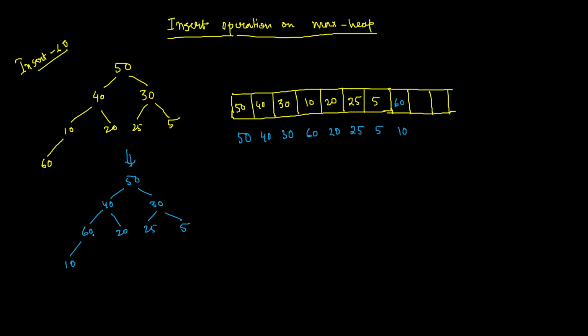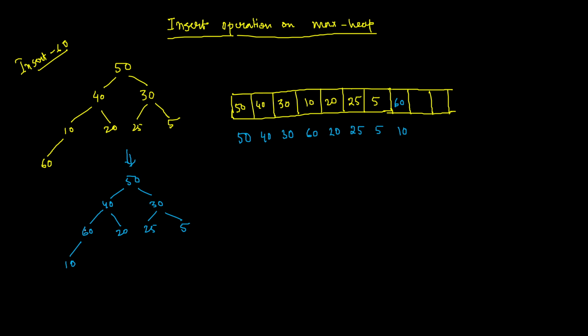Now the question is that wherever 60 has come, 60 has some parent also. Over here at least I can see. So now I have to check whether this 60 and its parent are following the rule of max heap. Still we can see that they are not following the rule of max heap, because 60 should actually be the parent of 40, right?